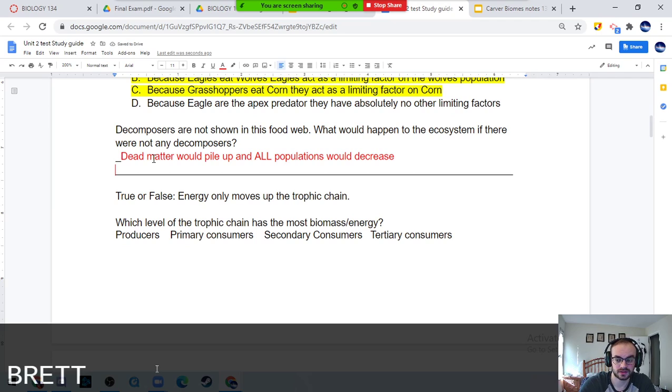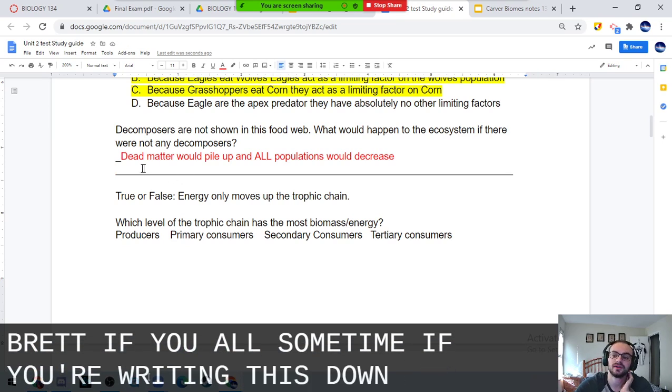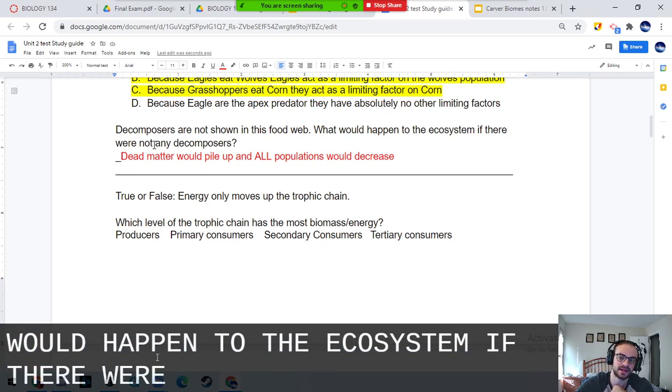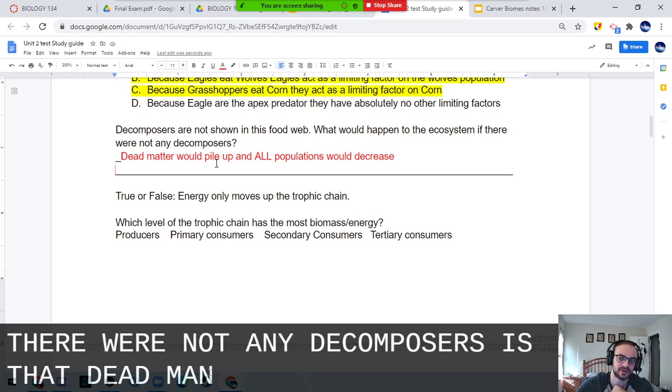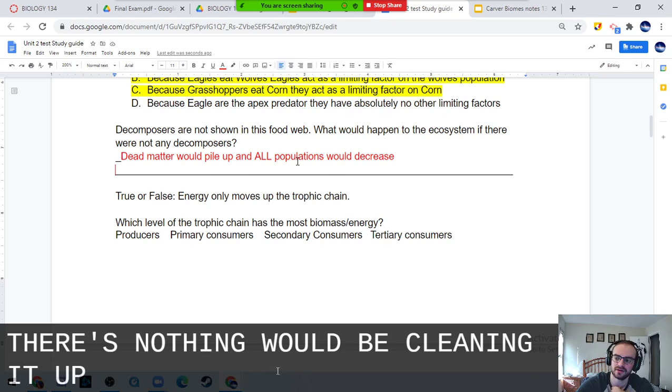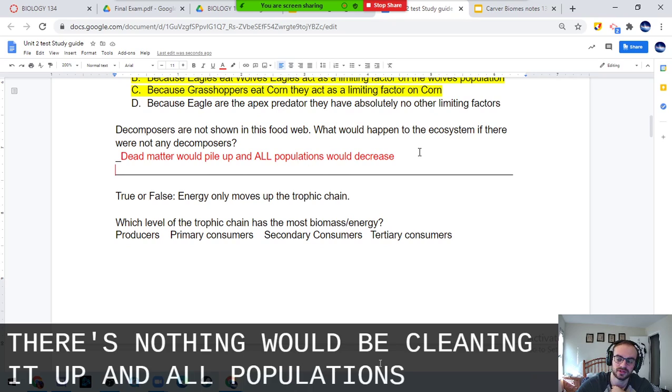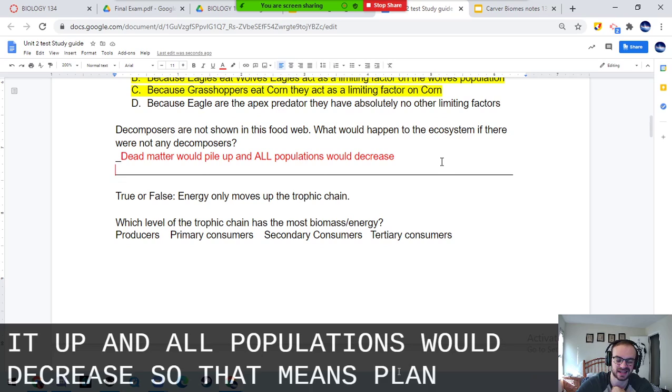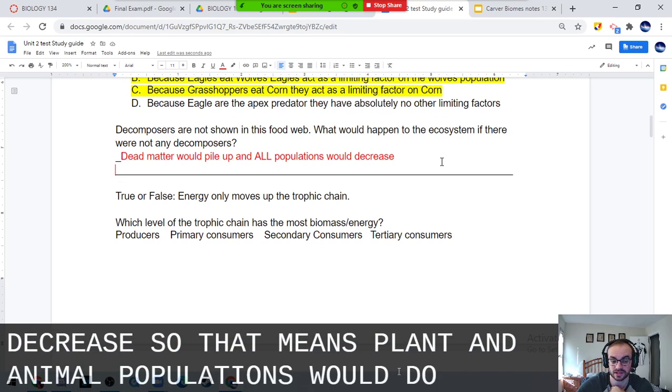Give you all some time if you're writing this down. But what would happen to the ecosystem if there were not any decomposers is that dead matter would pile up, because nothing would be cleaning it up, and all populations would decrease. So that means plant and animal populations would decrease.